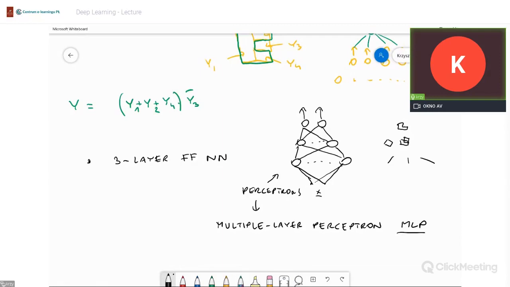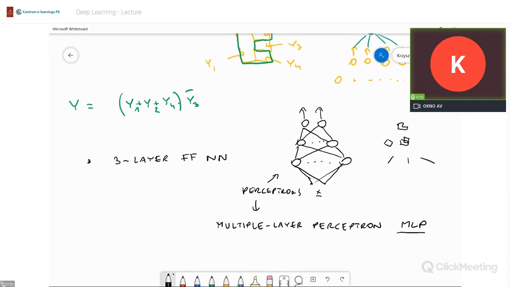So this is something that might raise some confusion, but just be aware that MLP means just a multiple layer feed-forward neural network. And it is more compact way of naming this structure, and that's why people commonly say that this is an MLP, even if neurons have arbitrary activation functions.